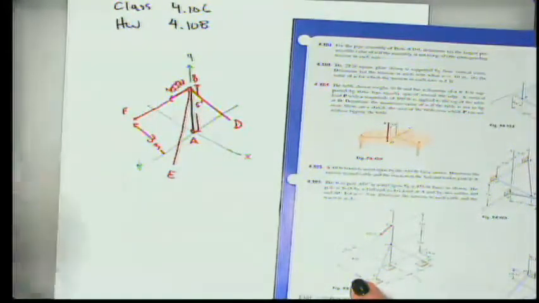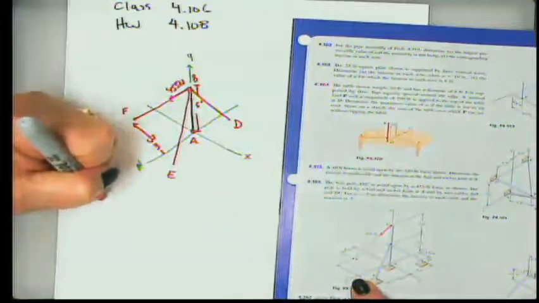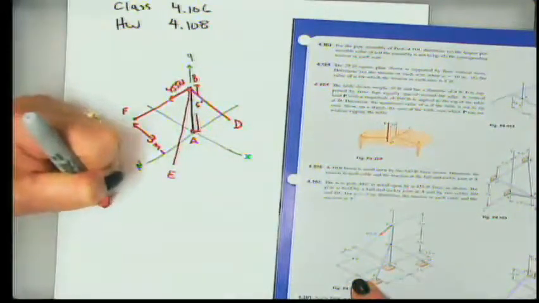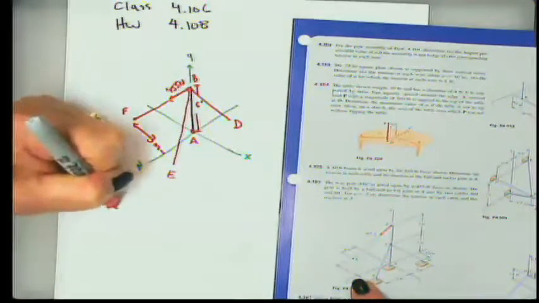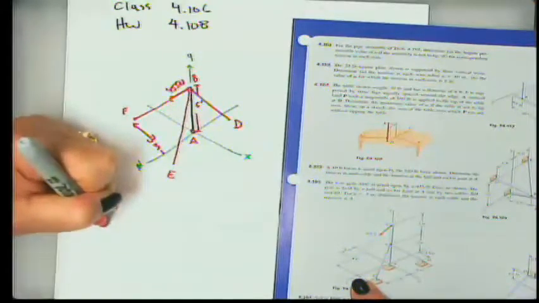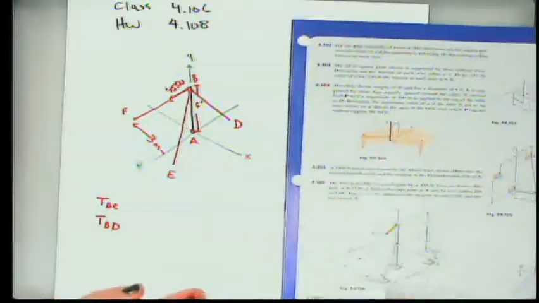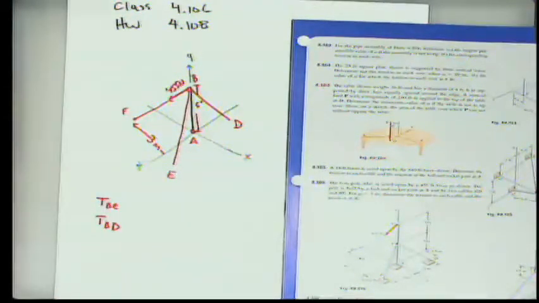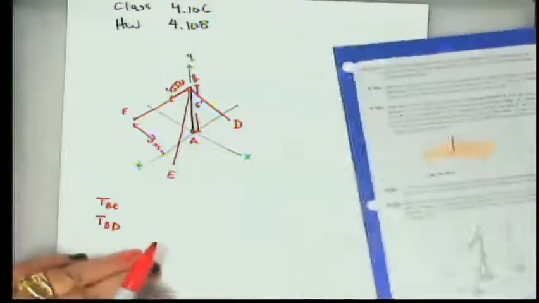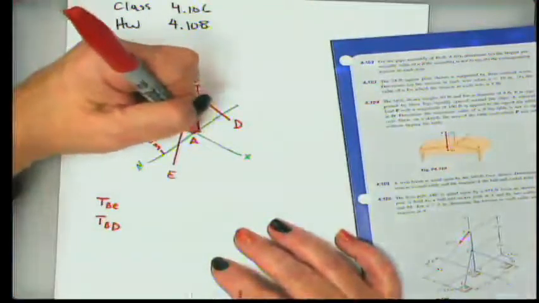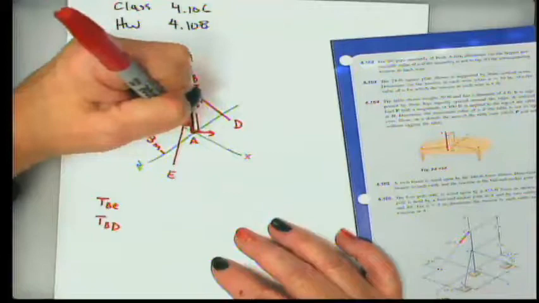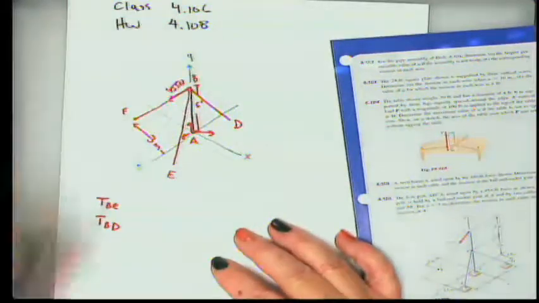Determine the tension in each cable. So we want to know the tension in BE, the tension in BD, and we also want to determine the reactions at A. So if we go back, I guess I could tell you, if you go back to that page in your book, what you'll find is that a ball and socket will bear a reaction in each of the directions.